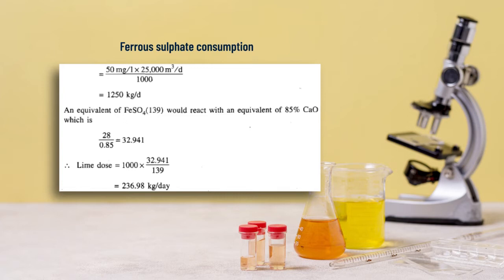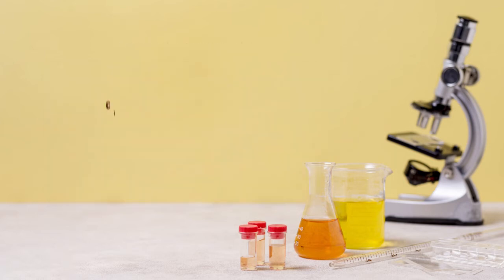Then the answer comes to 1250 kg per day. An equivalent of FeSO4 would react with an equivalent of 85% CaO, which is 32.941. So lime dose is equal to 1000 into 32.941 divided by 139, which is equal to 236.98 kg per day.